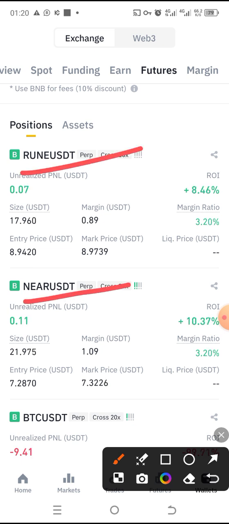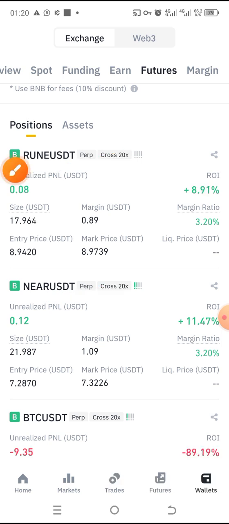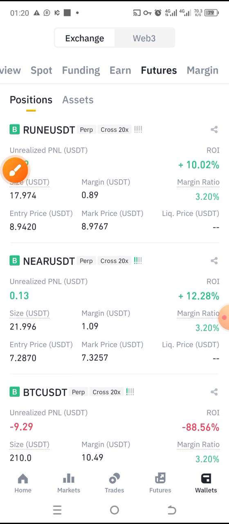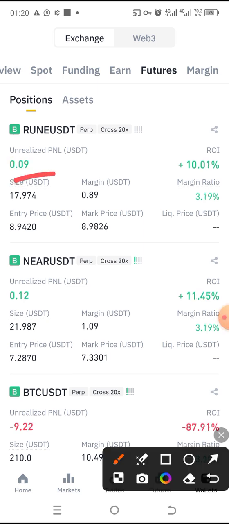The two are in profit, right now giving us a profit of 0.09, but you don't have to be excited about this. It can go down again and come up again, and this might not even activate in the next 6 hours. But one thing that is certain is your money cannot liquidate.